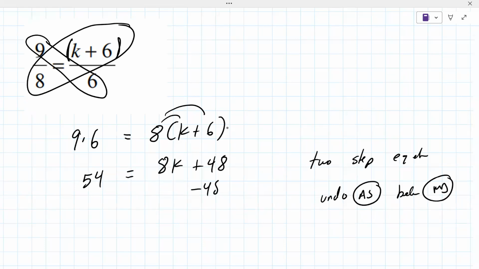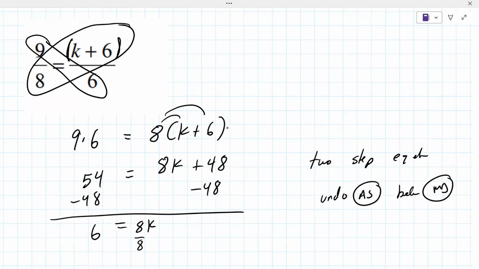Yes, so you're going to subtract 48 from both sides. You get 6 equals 8k. Now what? Divide by 8. And then it doesn't really work out. 6 over 8, you can divide them both by 2 to get 3/4.